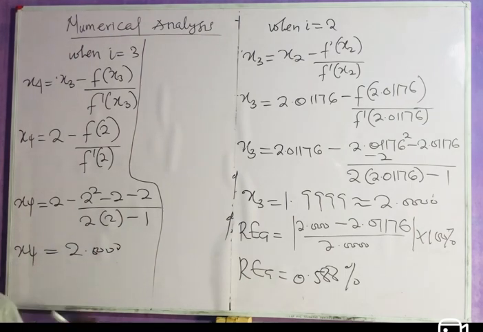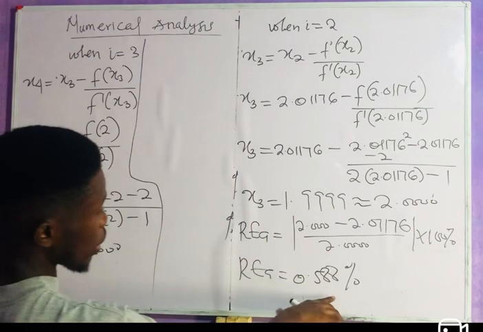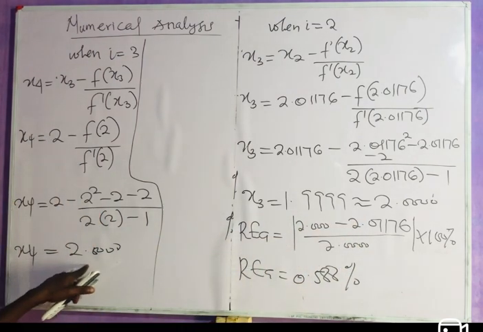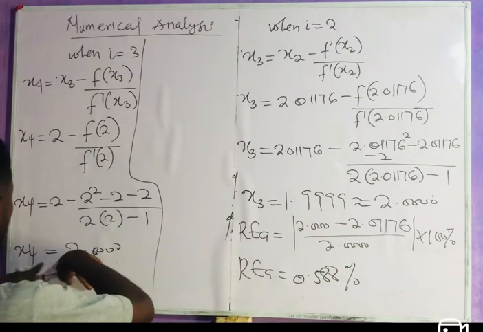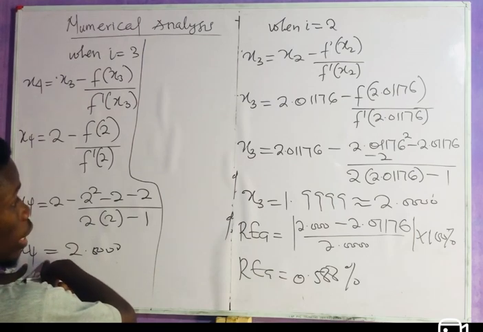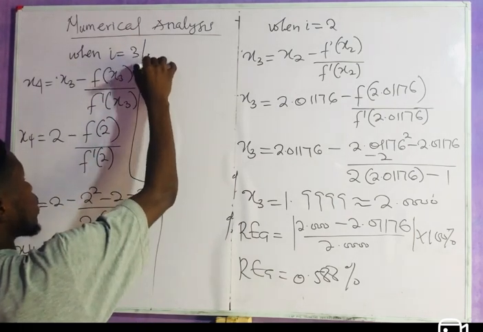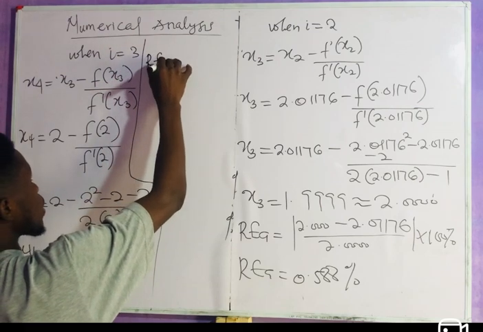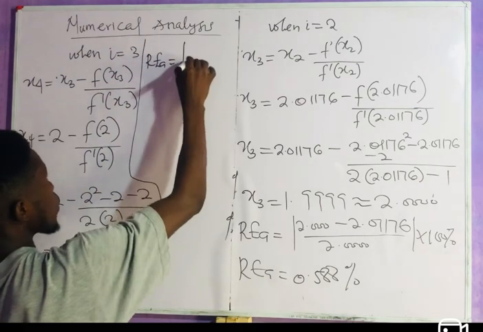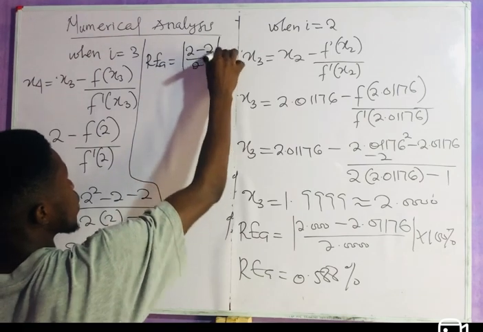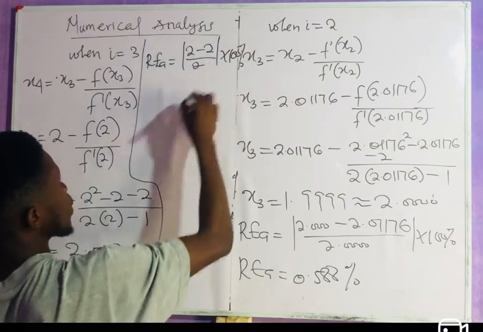Let's compare this x4 and that of x3. We have the same thing, 2.0, this 2.0. Definitely, since the x3 and the x4 are giving us the same thing, it means that our relative approximate error also gives us the same thing, the current minus this over that times 100%.